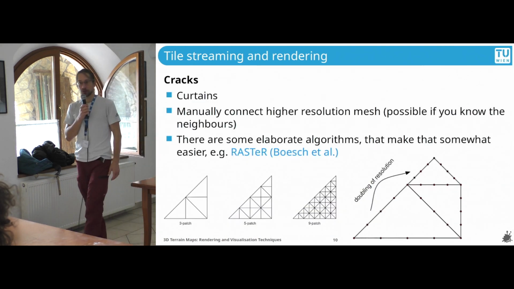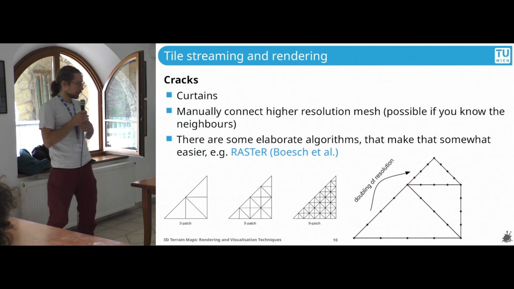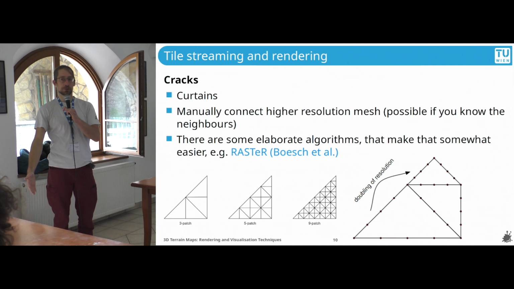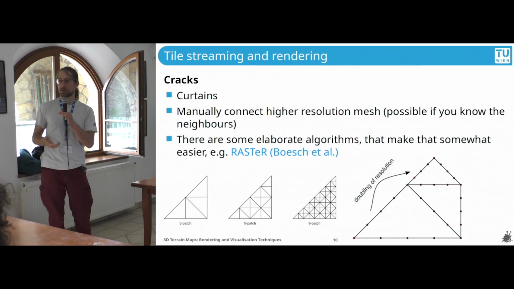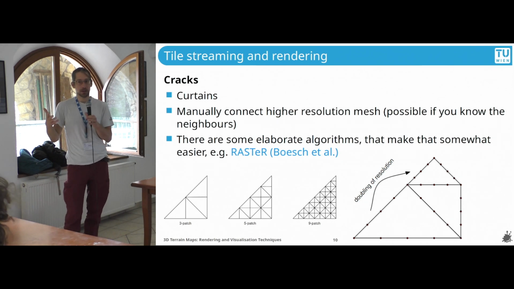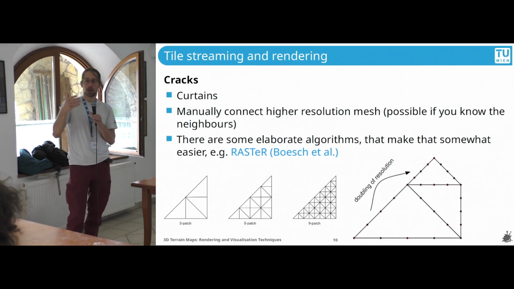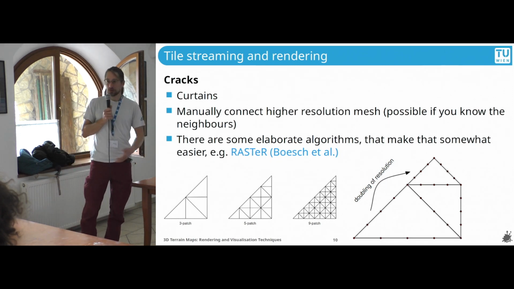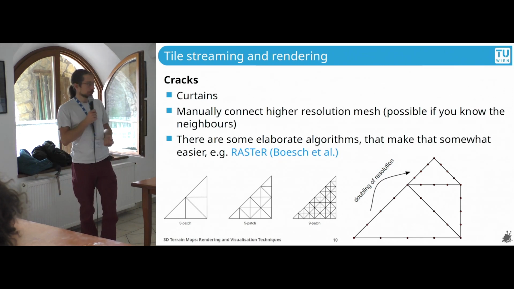But the simplest solution is actually curtains. So simply, if you have the tile, at the very end of the tile, it just goes down, say, 100 meters or something. So since it's all 2.5D, this would hide any cracks. But it's not very nice, it's not a clean solution.